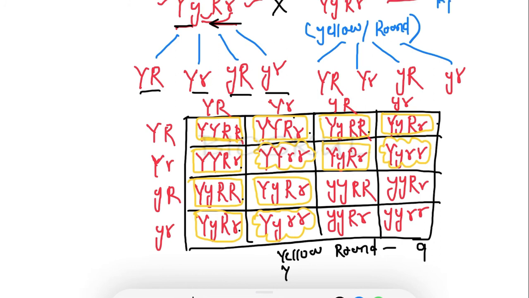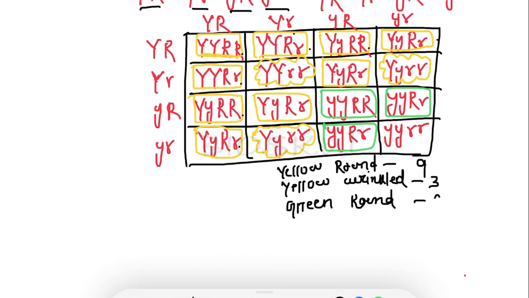This one is green and round: small y means green color, capital R means round. This is also green and round, and this is also green and round. Green round is also 3. And the last one is green and wrinkled because both are recessive.